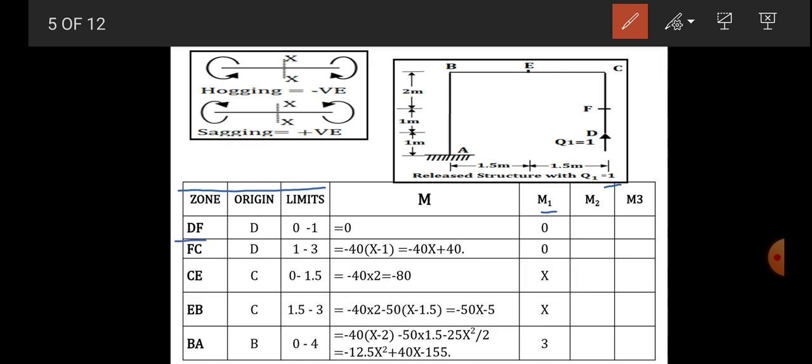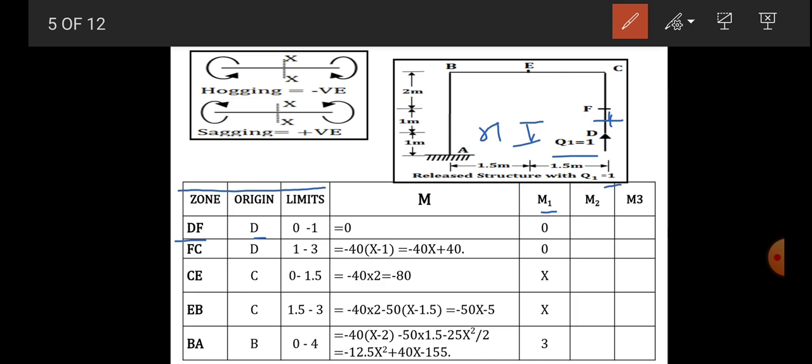As usual, let us draw the imaginary axes in the DF zone, located at a distance of x from the origin, as the origin is D. Is there any force toward the origin side? Yes, there is a force, and that force is Q1 equal to 1.